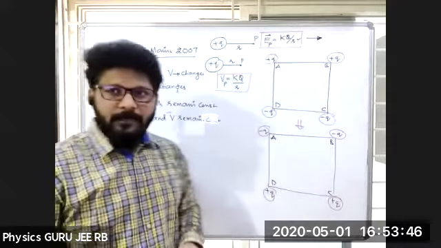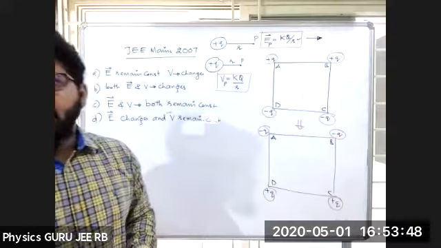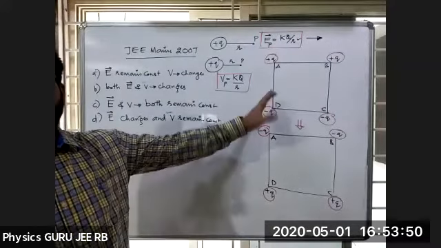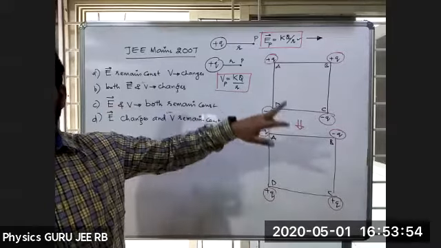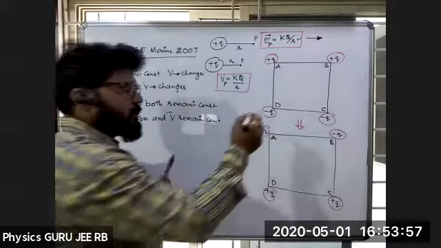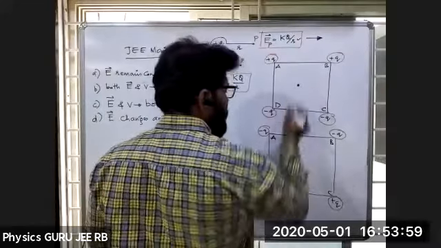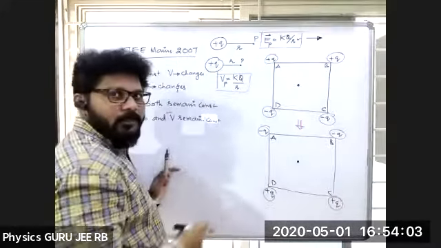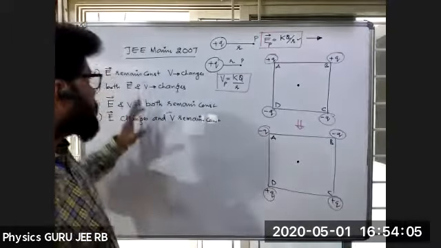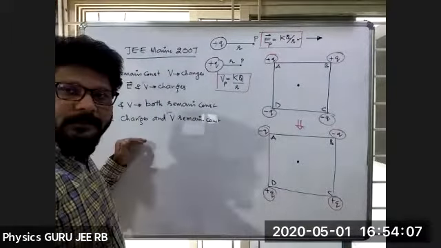Can you tell me, if I take the center, with charges placed at 4 corners, okay? He is saying that at the center, electric field and potential, how will they vary?